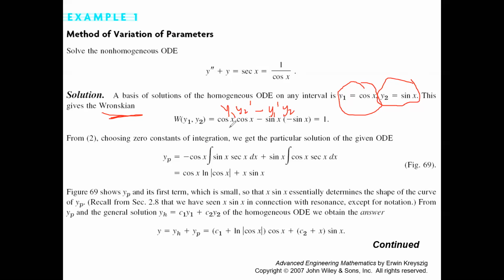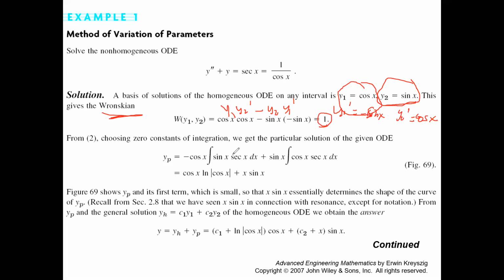So y1 is cos x, and y2 accent is cos x. Y2 is equal to sin x, and y1 accent is minus sin x, y2 accent equal to cos x. Just substitute them, and it turns out the Wronskian is 1.